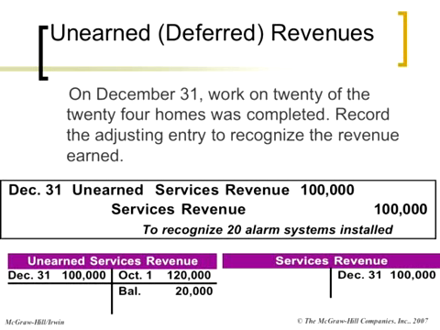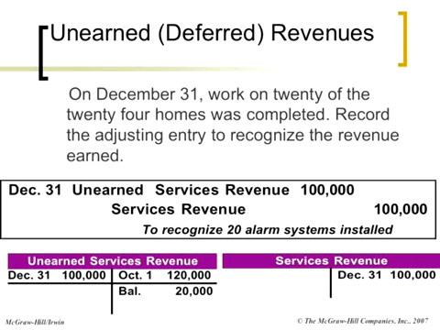Part 2. The adjusting entry is to debit or decrease the liability account, unearned services revenue, and credit or increase the services revenue account for $100,000. The amount is calculated by taking the amount of the original payment of $120,000 and dividing by the contractual number of alarms that the payment was for, which was 24 alarms.